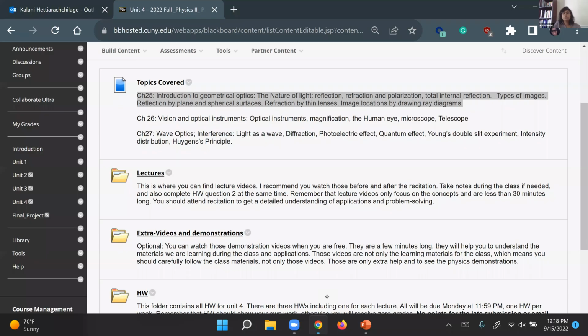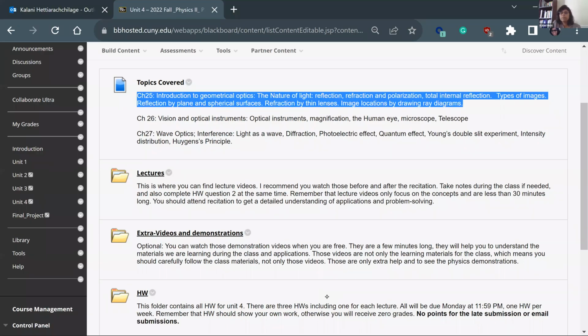Under that chapter, we're going to discuss reflection, refraction, polarization, which we already did, and total internal reflection, and also spherical mirrors or plane mirrors and lenses, because every day in life we are using those things. But how do you explain them? The physics behind all the things that we are using will be discussed in this section.